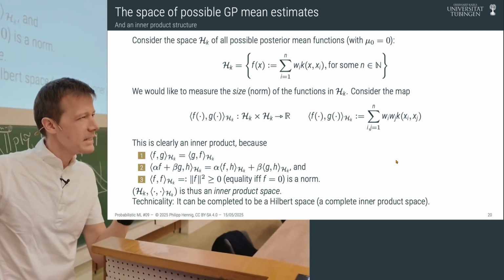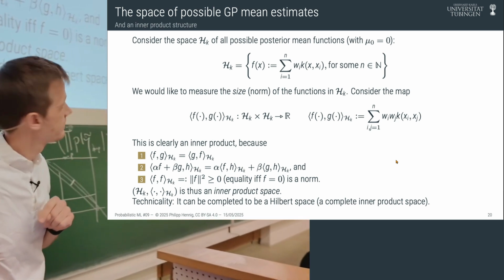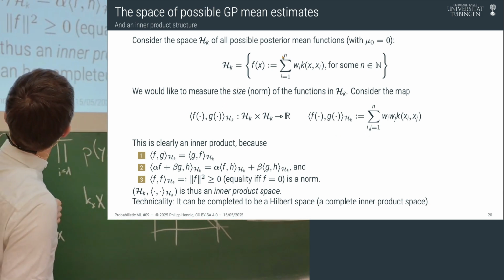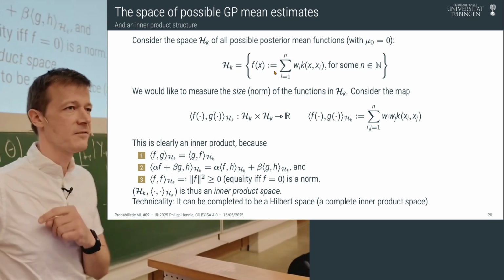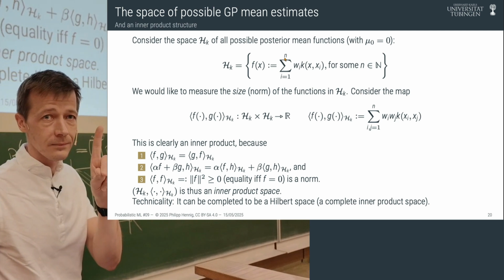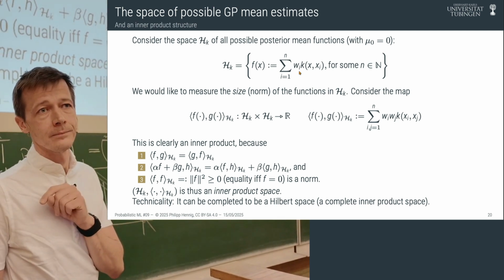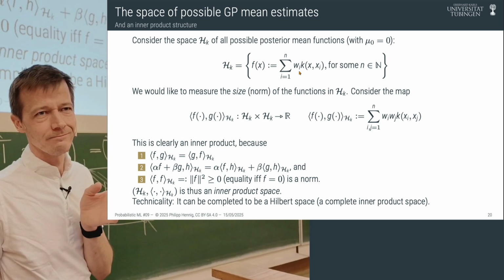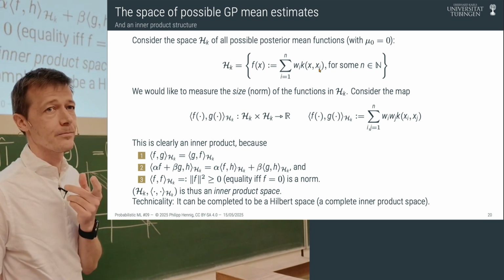And there is a very interesting property that this kernel has, which we can convince ourselves of. So we now have this inner product between functions in that space, right? So now we can look at a particularly interesting function, and that's the function where we set n to 1 and w1 to 1. So that's just the kernel evaluated at any particular location x.